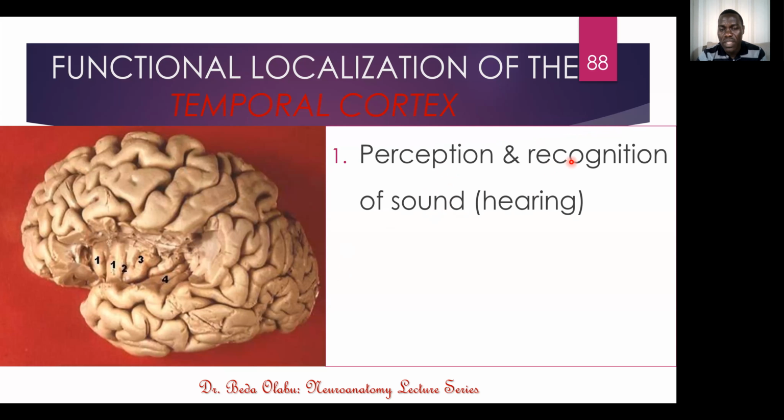Sound is recognized on the superior temporal gyrus, area number 22. Temporal cortex is also important for olfactory functions. As we mentioned, that is what we call the Piriform Lobe, which is the primary olfactory area, area number 28 and 34, largely revolving around the anchors.